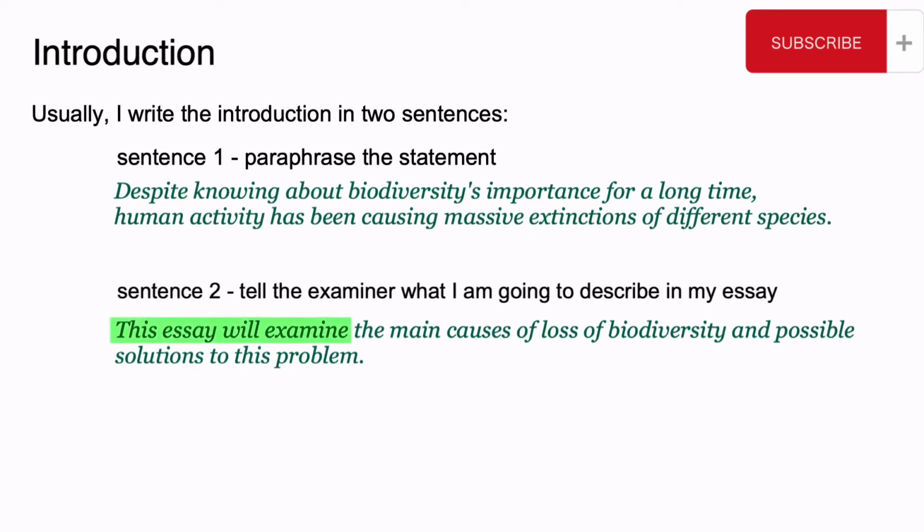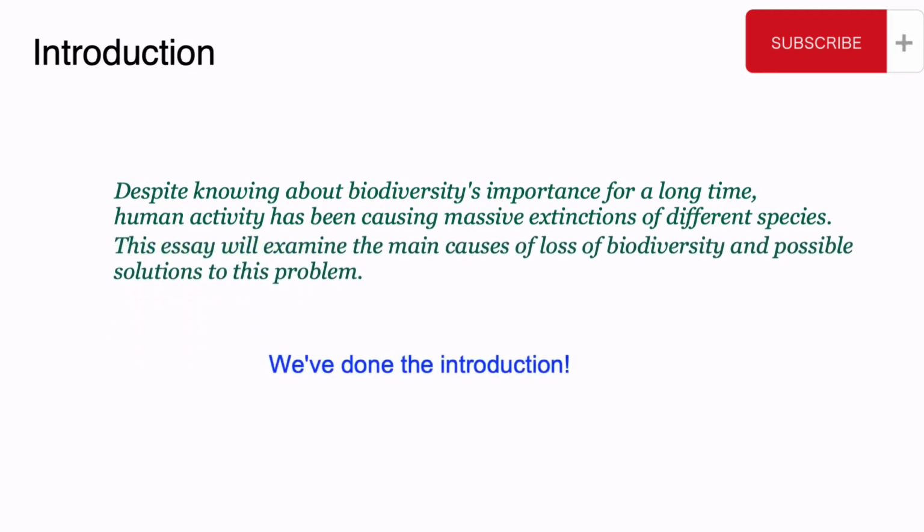I used the phrase, this essay will examine, and this is a very nice way to explain what we are going to write about. You can use this phrase in introductions for different essays. Perfect! We've done the introduction. Our introduction is clear and brief, and that's what we want in IELTS essay.